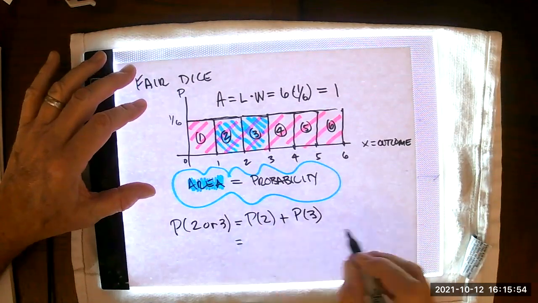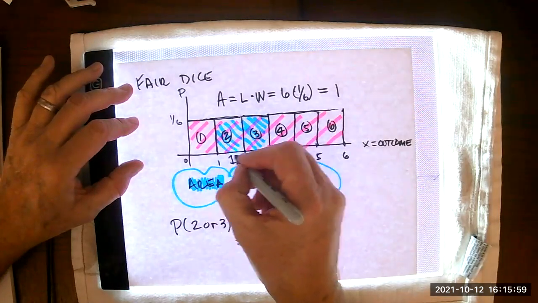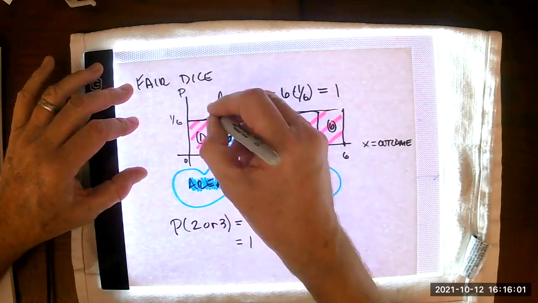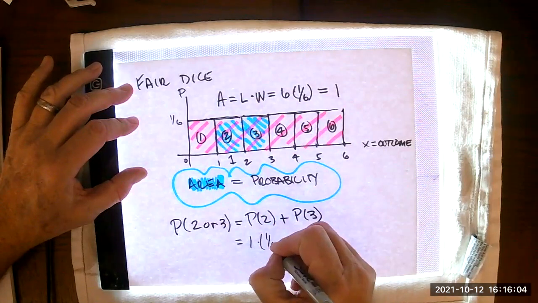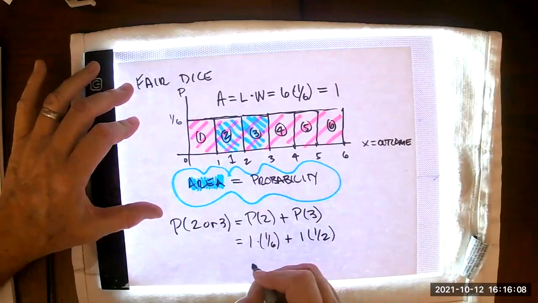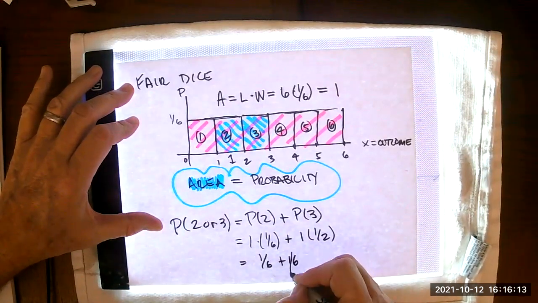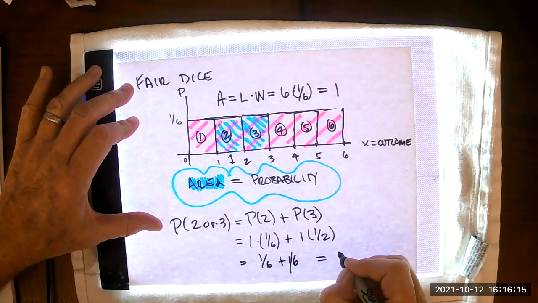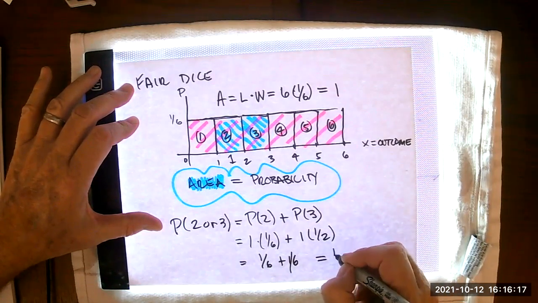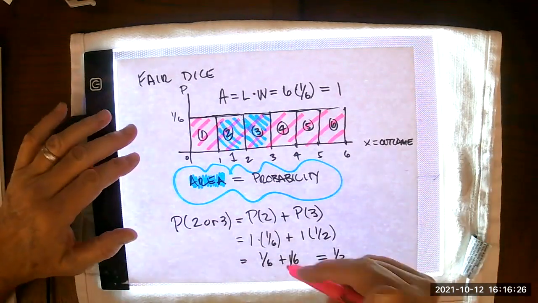So I can calculate area here and make that probability. You'll notice that we've got a width of 1 times a height of 1/6 plus a width of 1 times 1/6, or 1/6 plus 1/6, better known as 2/6 or 1/3. So the probability of a 2 or a 3 is 1/3.